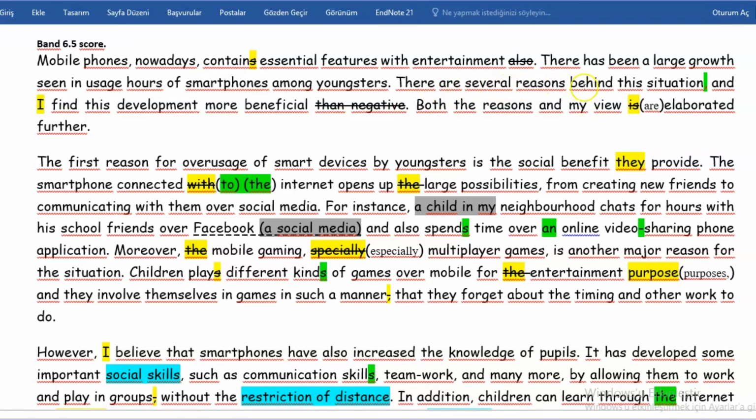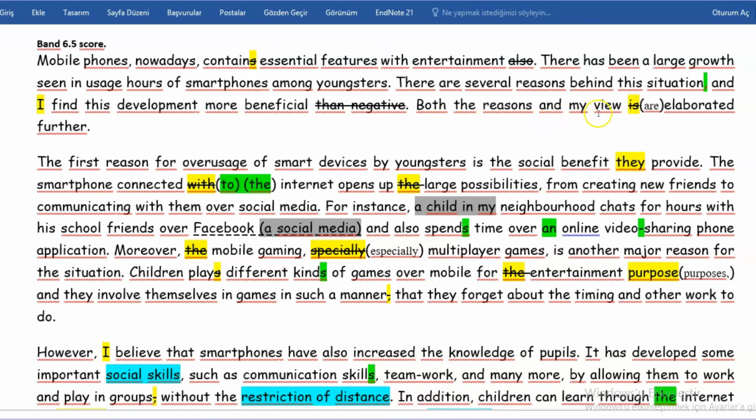There are several reasons behind this phenomenon, and I found this development more beneficial than negative. And it seems to me that this phenomenon can have some beneficial impact. This is not actually my opinion; I'm analyzing the question and the answer.